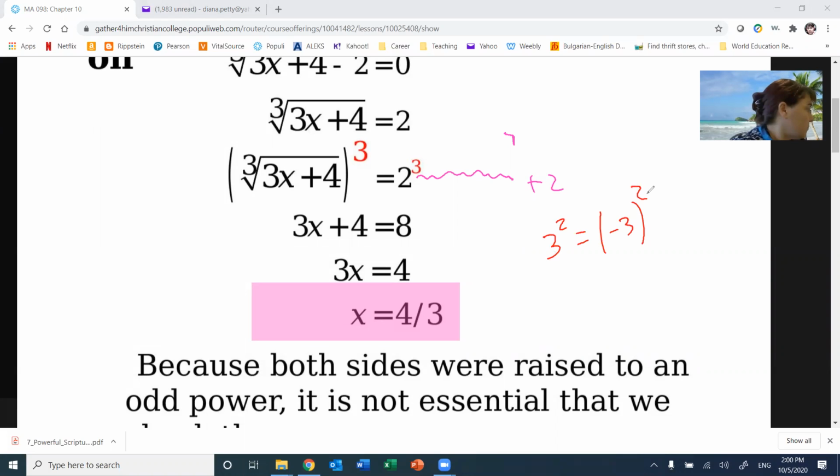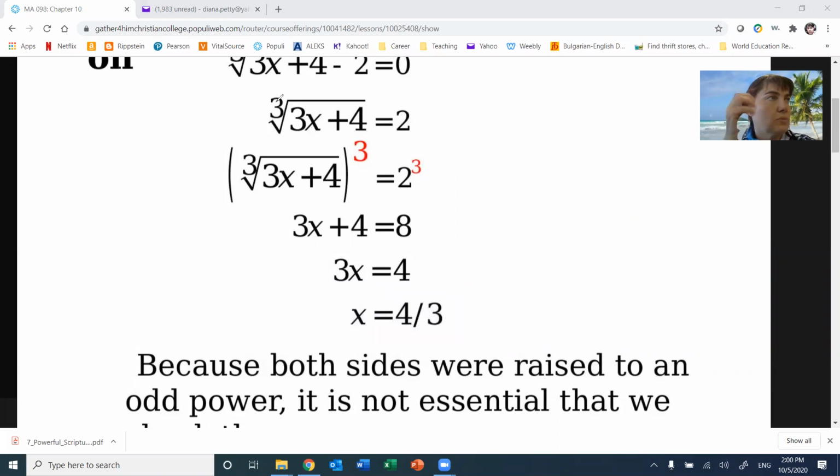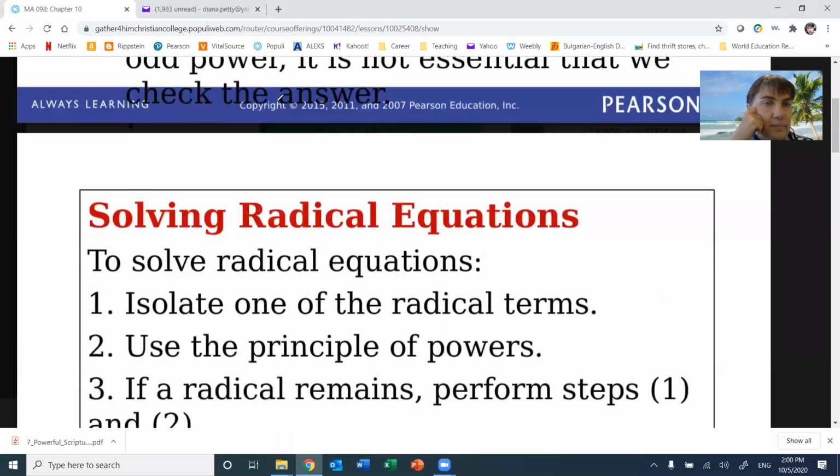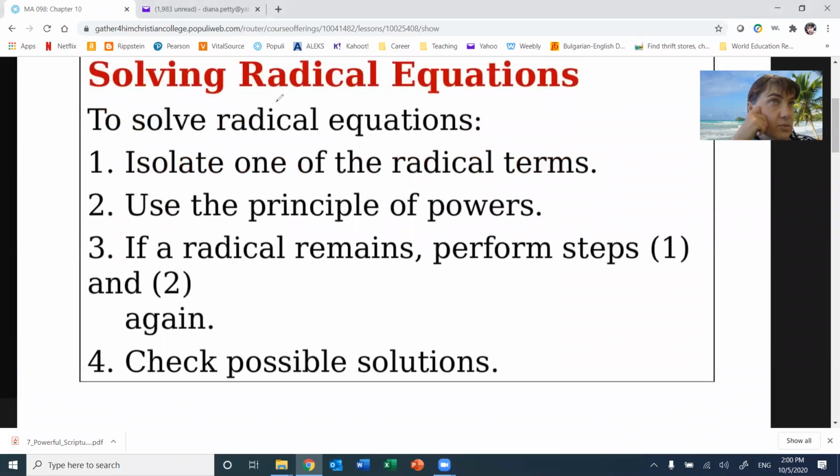This is the question. But in fact, 3 does not equal minus 3, right? So when you square it, you lose this minus, which could be there, but it's not. So if it's an odd power, it doesn't matter. The solutions are always solutions, but when they're even, 2, 4, 6, you might have an extraneous solution.